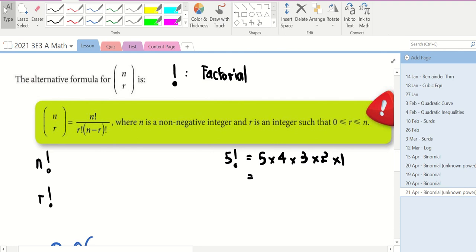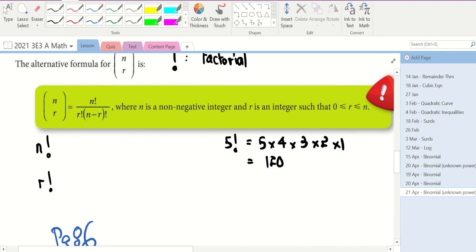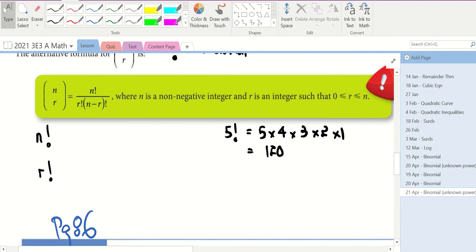But if you cannot press the calculator, there is no way you can come to this. What's the meaning of n factorial? Now I'm going to write it out. I need you to appreciate this first. N factorial means I start with number n. What is one number smaller than n? Very good, n minus 1.